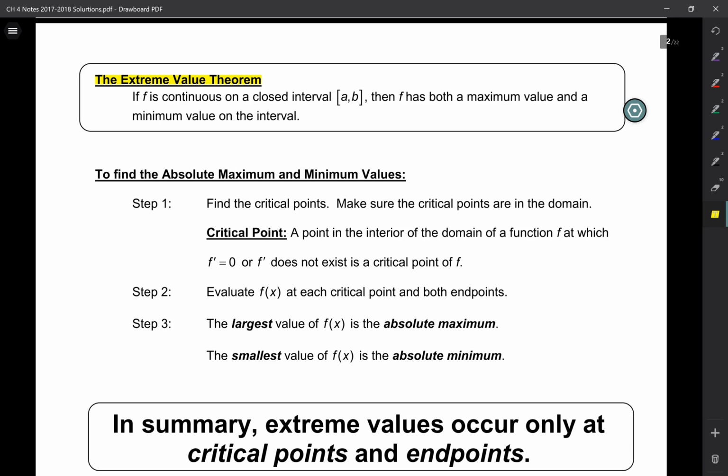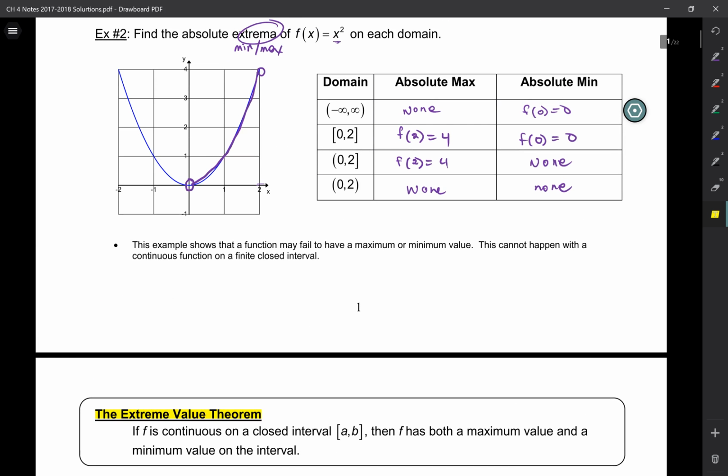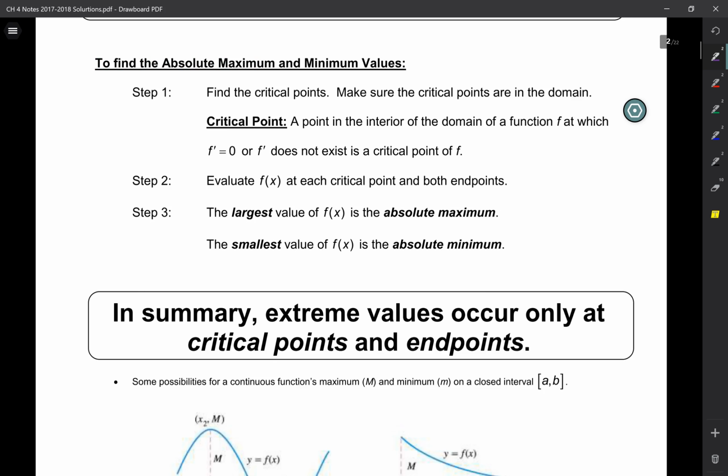If f is continuous on a closed interval [a, b], then f has both a maximum value and a minimum value on that interval. Well, duh, right? Because if you have a function on a closed interval, endpoint here, endpoint here, there's definitely going to be a point where it reaches the highest value ever, and a point where it reaches the lowest value ever. So that's the extreme value theorem.